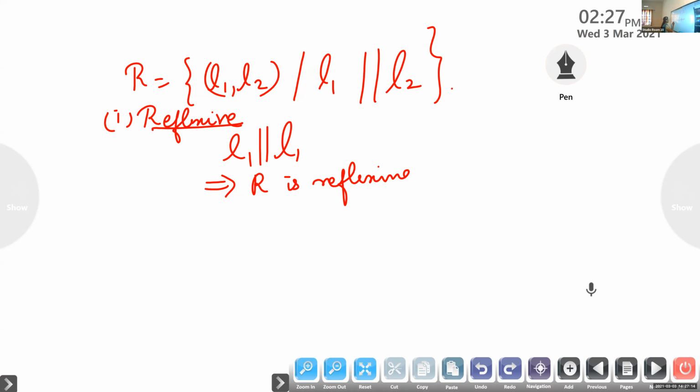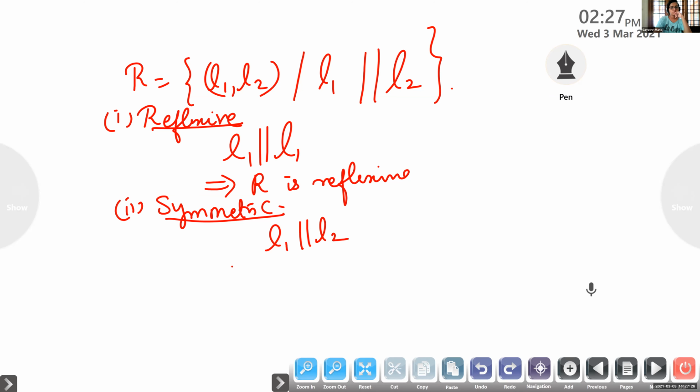Then second one, symmetric. Is it possible? Suppose L1 is parallel to L2. Therefore, what will you get? L2 is parallel to L1. Yes or no? Krishna Chandran, L1 is parallel to L2.